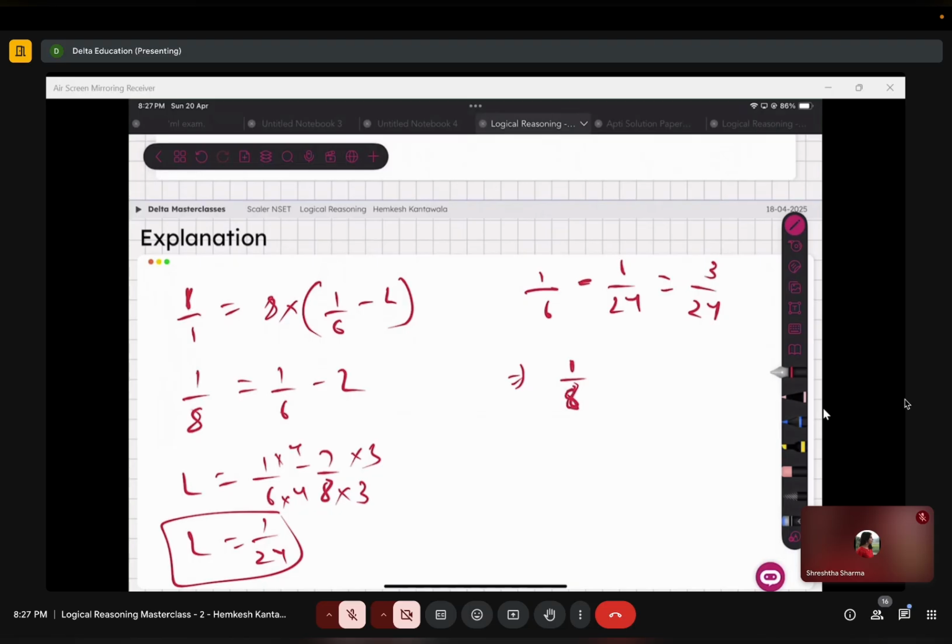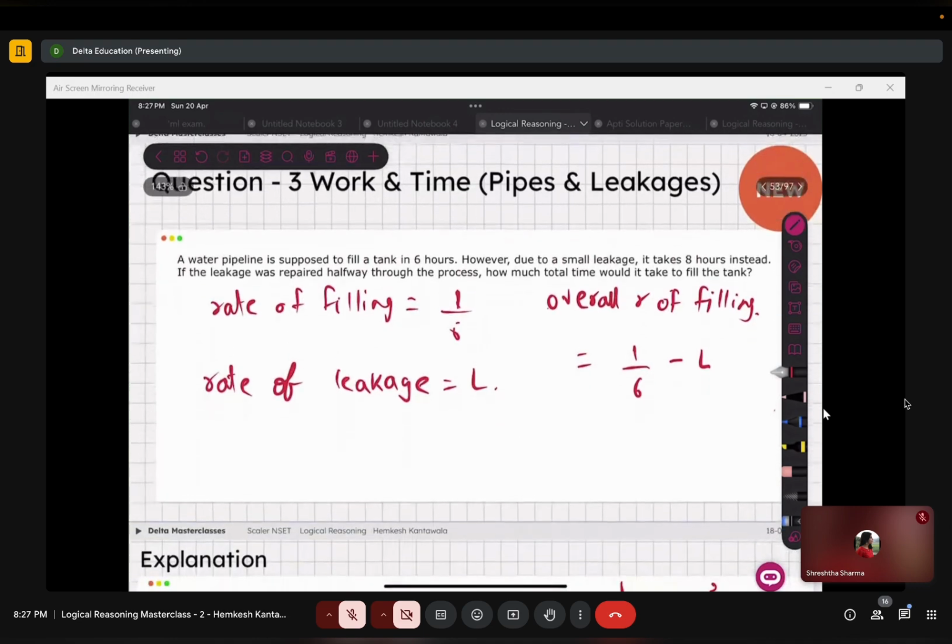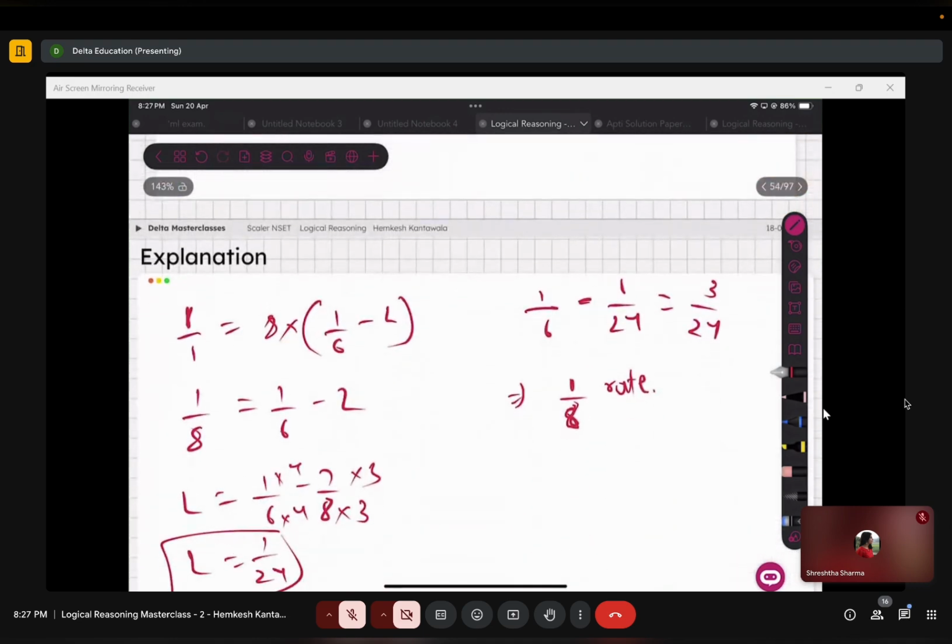Now what does this rate signify? With that 1 by 8 rate, 1 by 8 part of the tank is filled every hour, correct? Now, it is said in the question that till halfway, it was at this rate, correct?